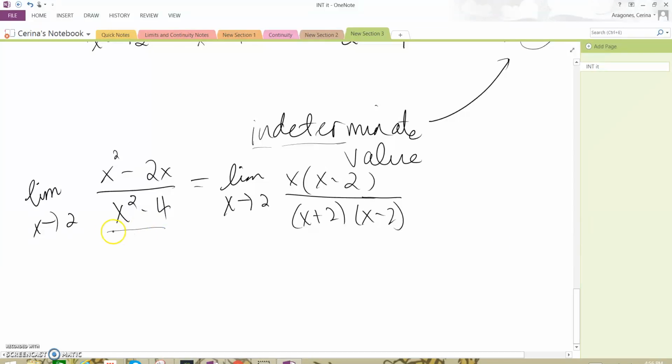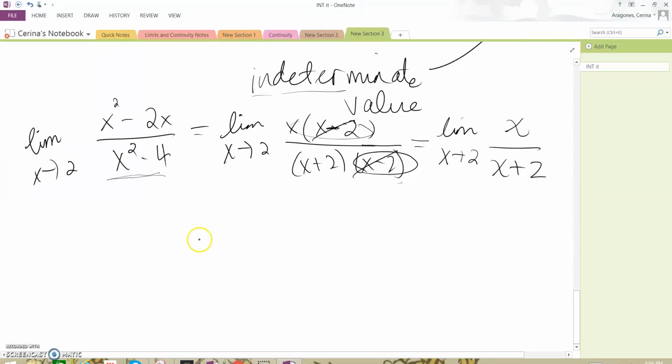This x squared minus 4 can factor out to x plus 2 times x minus 2. Now you can see that you can simplify because we have an x minus 2 on the numerator and an x minus 2 in the denominator. So those two just cancel out. And I'm left with the limit as x approaches 2 of x over x plus 2.